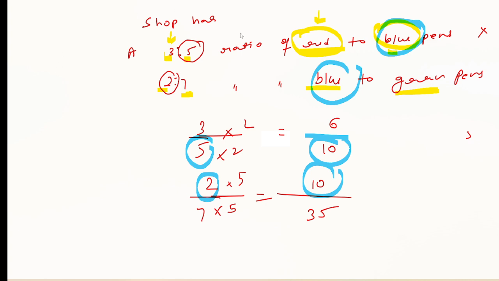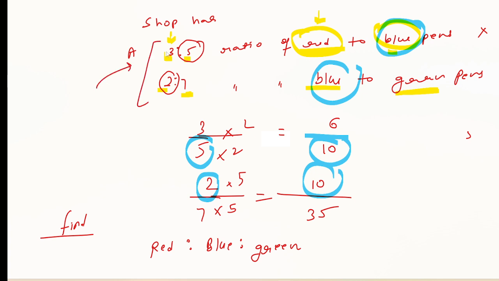Okay, let's suppose the question is saying find the combined ratio of red to blue to green. You have to find this in the question, suppose. So what we would do: we cannot write this red as 3. Why? Because we have got a new ratio.